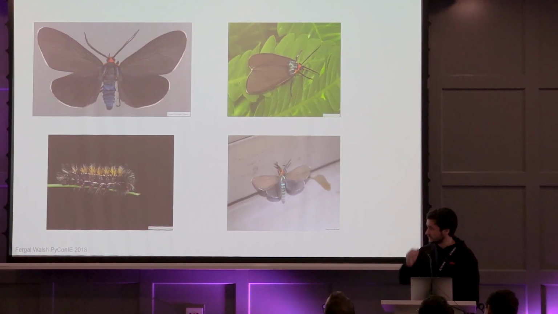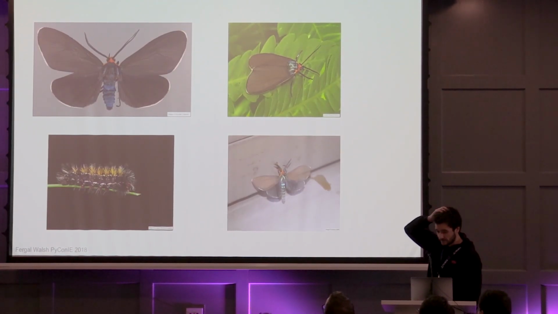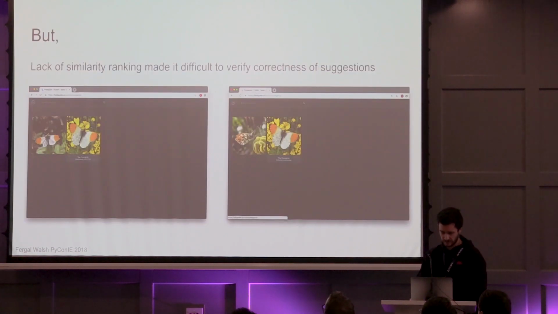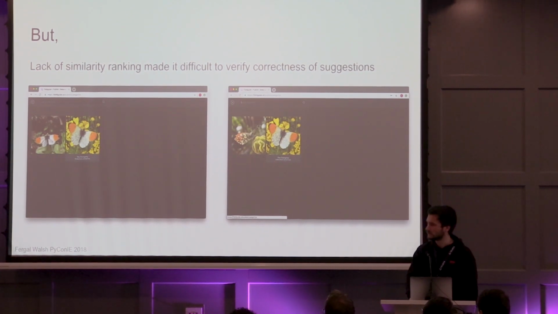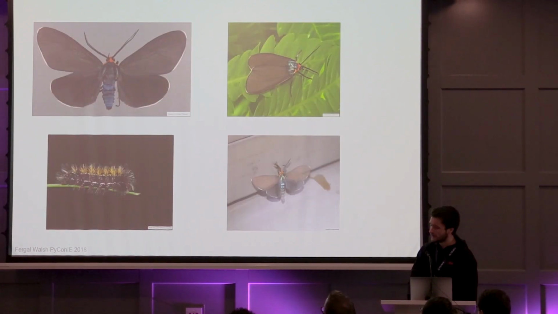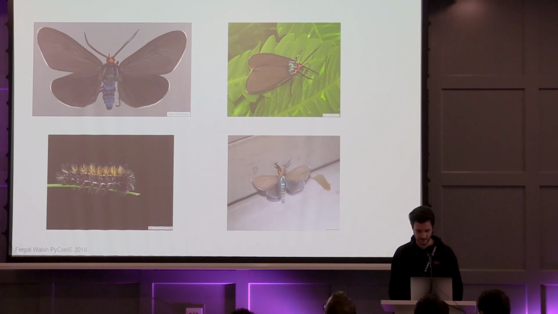And this is kind of a problem, aside from just that example of different angles. By the way, that's the exact same individual butterfly, just different size of their wings. But here's another species where all of these images are the same species, because butterflies look entirely different when they're children versus when they're adults.